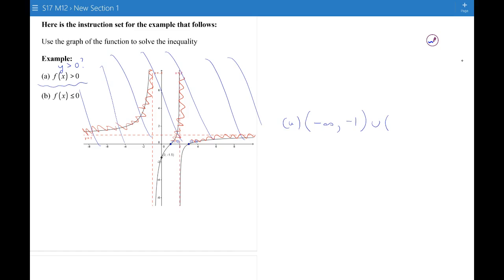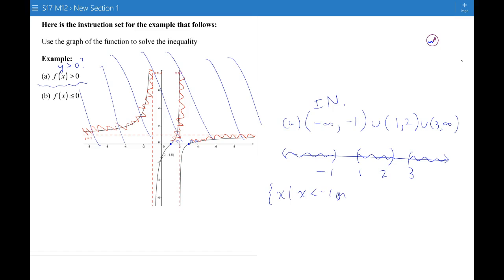And then from x is positive 1 to 2, the y values are positive. And then from 3 on out to infinity, the y values are positive. So there's our interval notation. Here's our graph of the solution set. And then we have the set notation, the set of all x such that x is less than negative 1, or x is between 1 and 2, or x is bigger than 3.